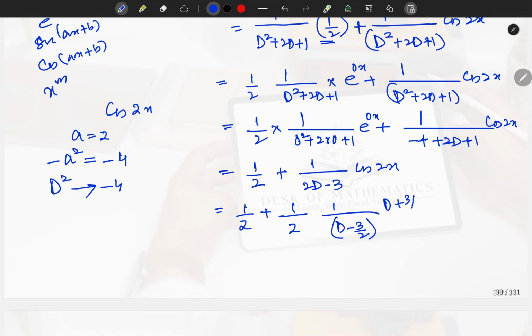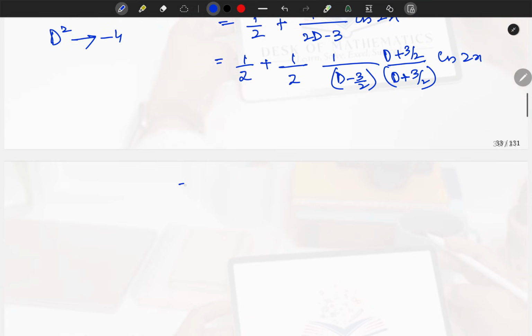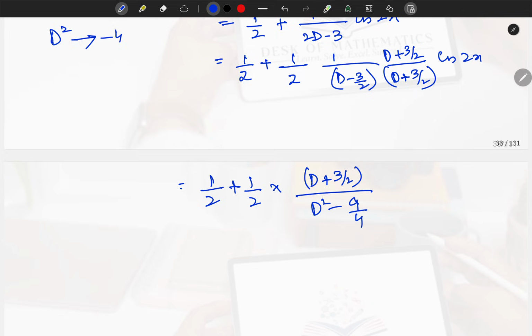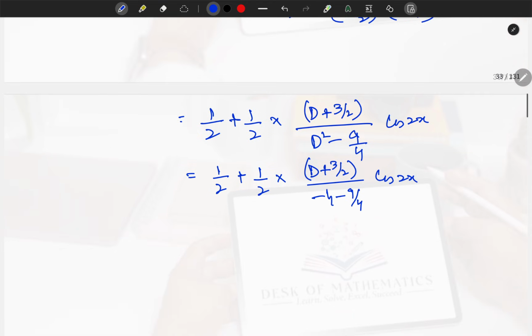Rationalize it, d plus 3 by 2 and d plus 3 by 2 cos of 2x, because you need the d square. So 1 by 2, 1 by 2 d plus 3 by 2 d square minus 9 by 4 cos of 2x. As d square is minus 4, so it is 1 by 2, 1 by 2 times d plus 3 by 2, d square is minus 4 minus 9 by 4 cos of 2x.